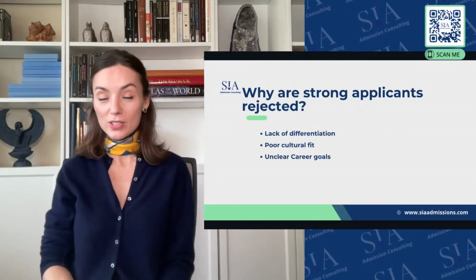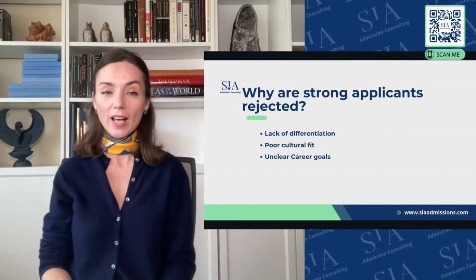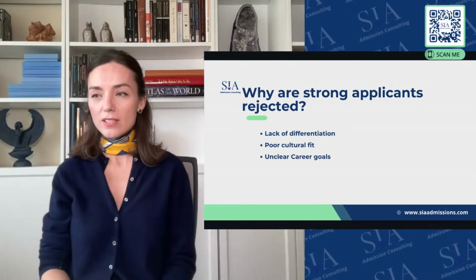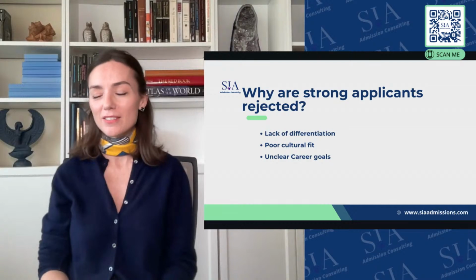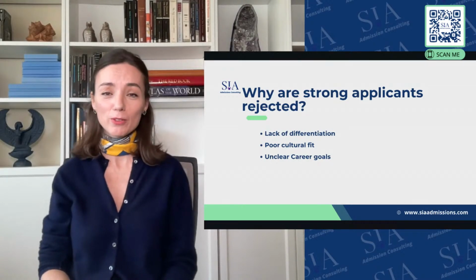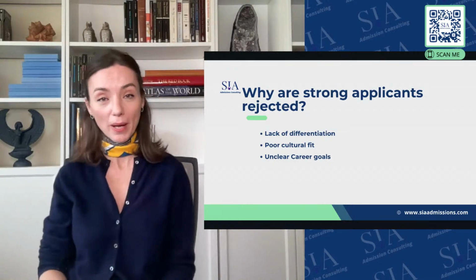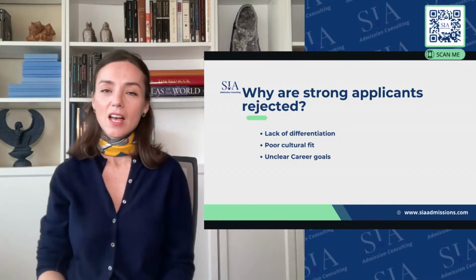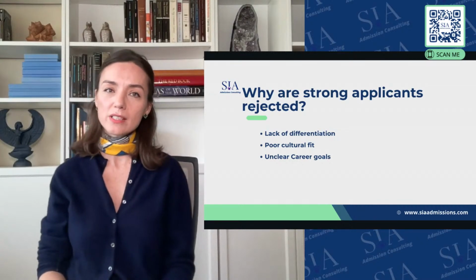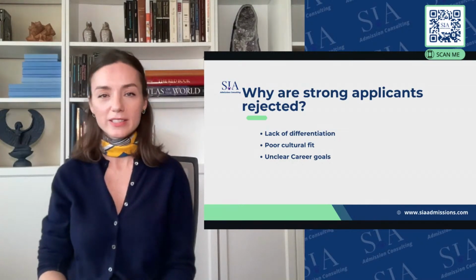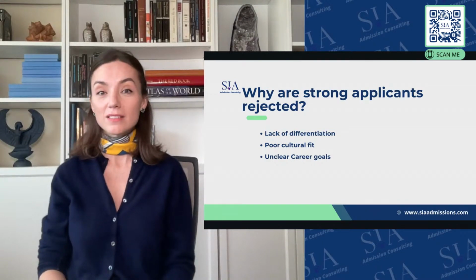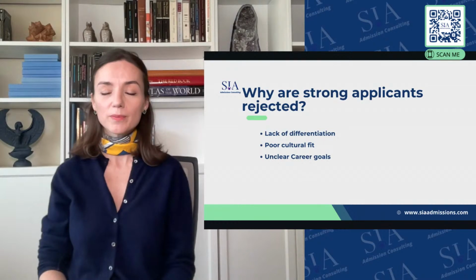So first and foremost, let's talk a little bit about why strong applicants are rejected. You see this online. You see this in forums, if you read Reddit or Fishbowl or any one of those platforms where there's a community of individuals talking about the MBA journey and their experiences and their wins and losses. Sometimes you see applicant stories with ridiculously high test scores, strong GMAT, and they share the news that they were rejected.